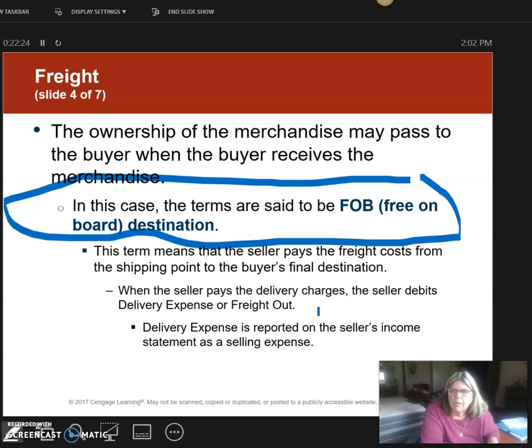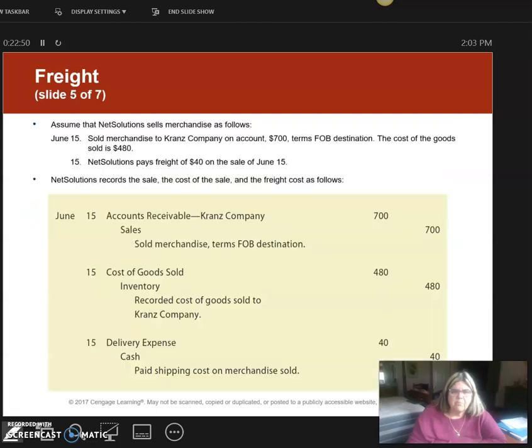For example, maybe you call me up and you're a really good customer of mine and you say, hey, I need 500 t-shirts and I need them here by Friday because we're going to have this big sale over the weekend. Well, as a good customer, I might offer to pay freight for you. So if it's FOB destination, I, the seller, am paying the freight. So we're going to look at an example on the next slide about FOB destination.